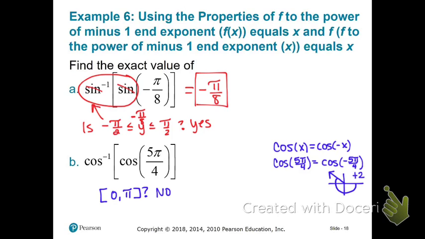Add 2 pi to it. So that means that cosine of 5 pi over 4 is the same thing as cosine of negative 5 pi over 4 plus the 2 pi.